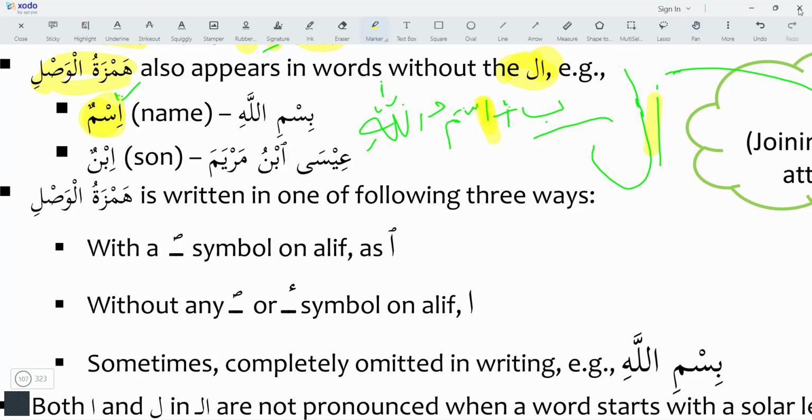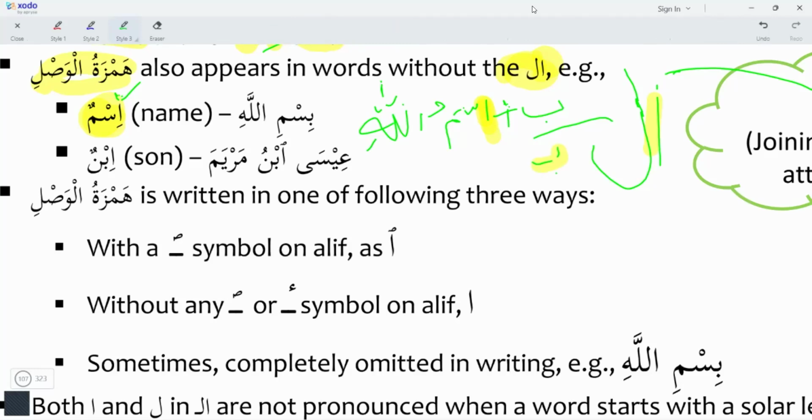And sometimes we don't write it. We delete this Hamza. Hamzatul Wasal can be deleted. And this Ba, the preposition, we write with the Ism. So it becomes Bismillah.